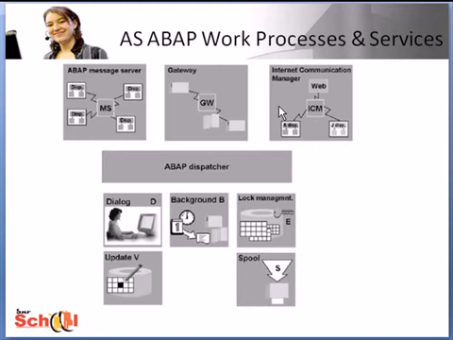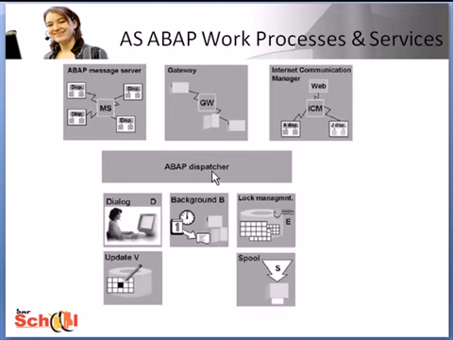And it does a lot of other clever things, like it recognizes whether the request is a call for application server ABAP or application server Java, and then after deciding, it forwards the request accordingly. It can also direct HTTP requests from an SAP system to a web server and send the response back to the SAP system. So these three services are not work processes, but services typically provided by a central instance.